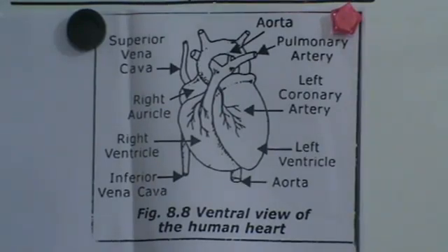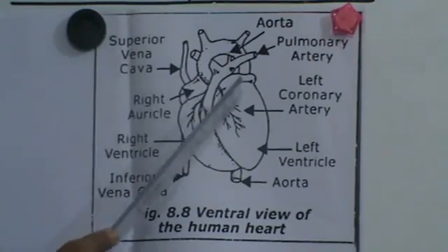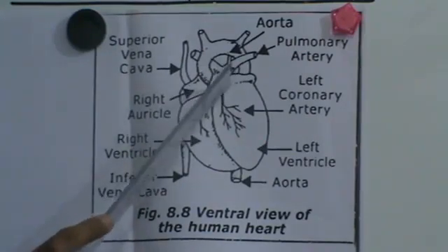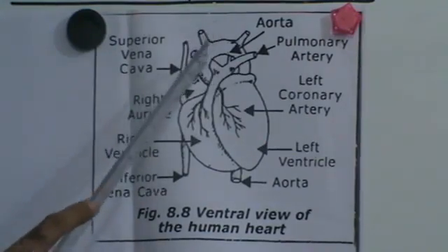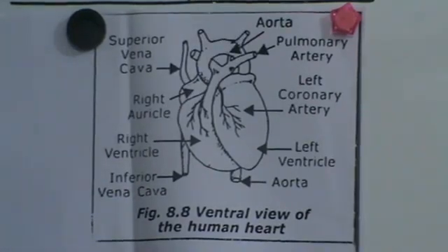Now, from the left ventricle arises the aorta. Here is the left ventricle. From here, you have the aorta coming out, which runs anteriorly initially and then turns posteriorly to supply oxygenated blood to different parts of the body.